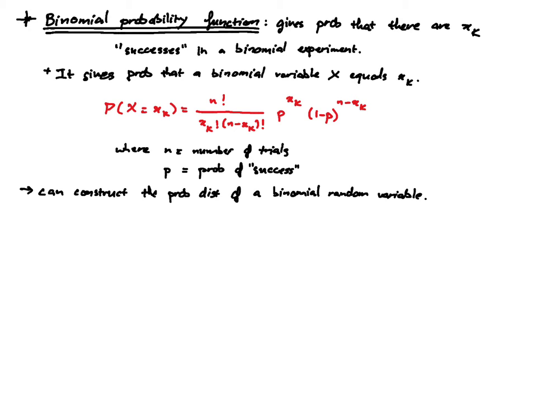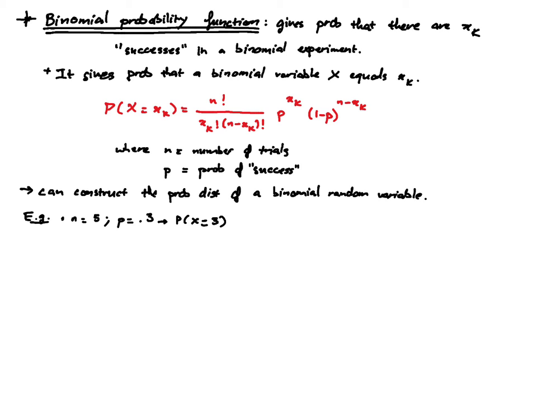Now let's look at a few examples. Suppose that in my first example, I have n equals 5 and p equals 0.3, and I want to find the probability that my binomial random variable x equals 3.